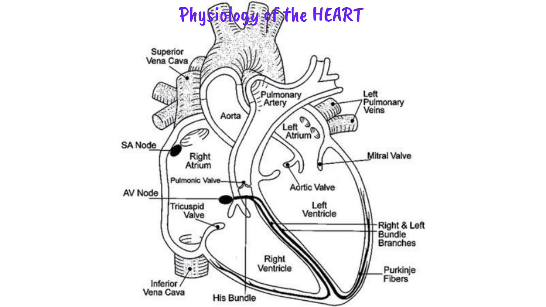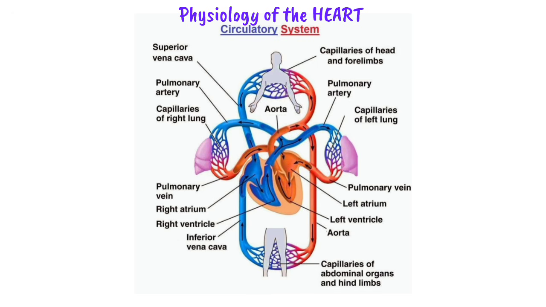Now here is something important. The left and the right side of the heart work together, but they handle different circulation. The right side controls the pulmonary circulation, which is to and from the lungs, while the left side controls the systemic circulation, which is to and from the body.